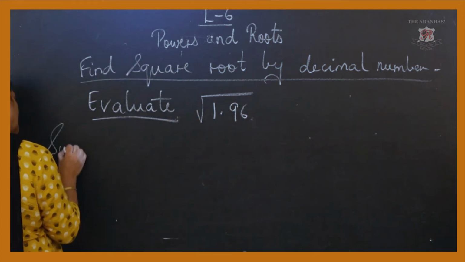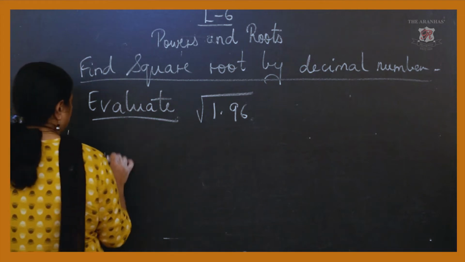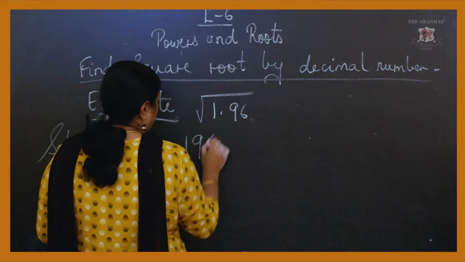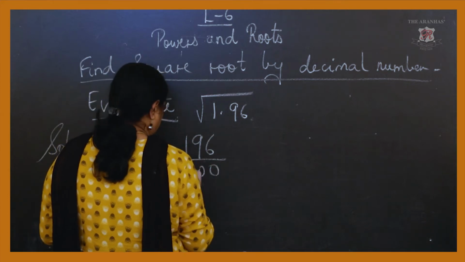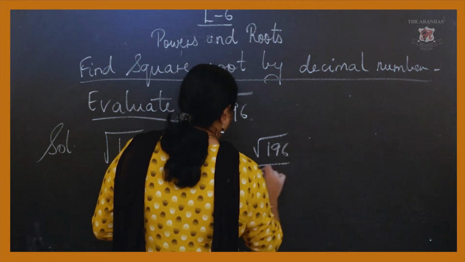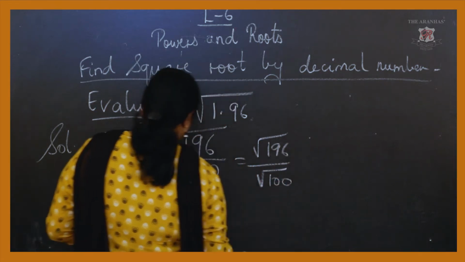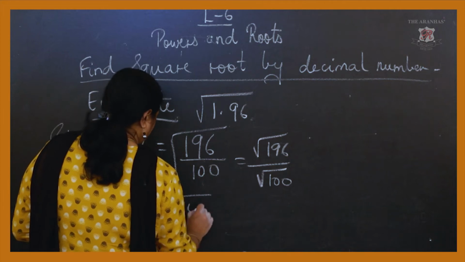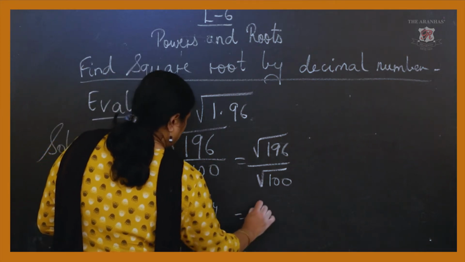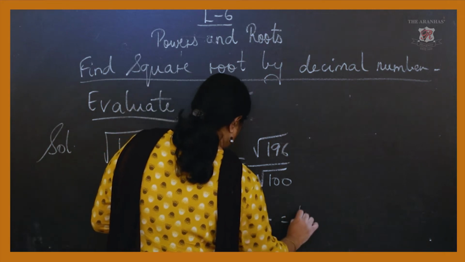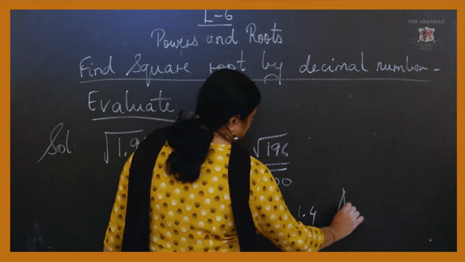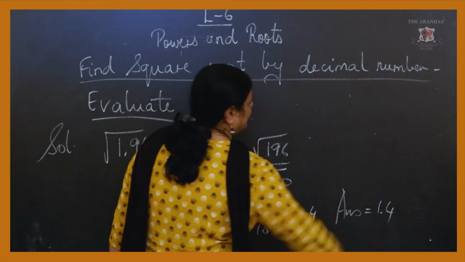So here how you are going to solve is root 1.96 is equal to nothing else but root 196 upon 100, that is equal to root 196 upon root 100, that is equal to root of 14 into 14 upon 10 into 10, is equal to 14 upon 10, is equal to 1.4. So here your answer is equal to 1.4.